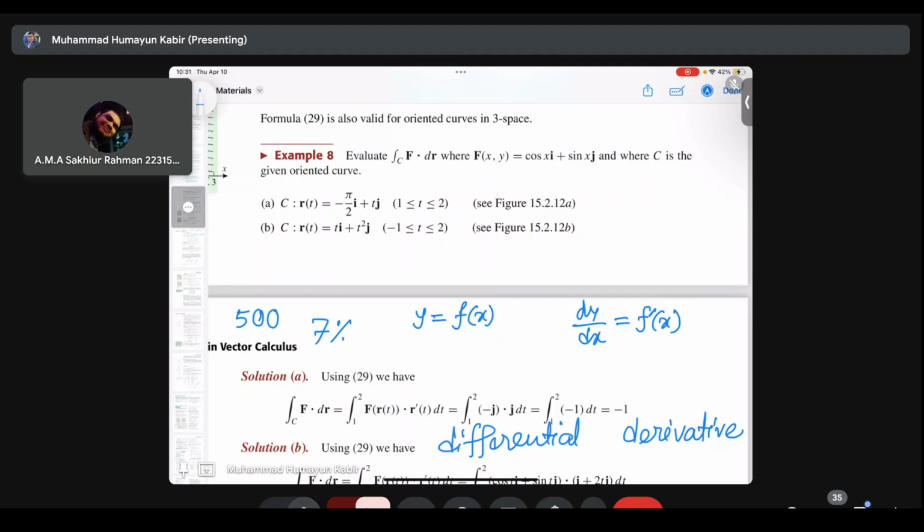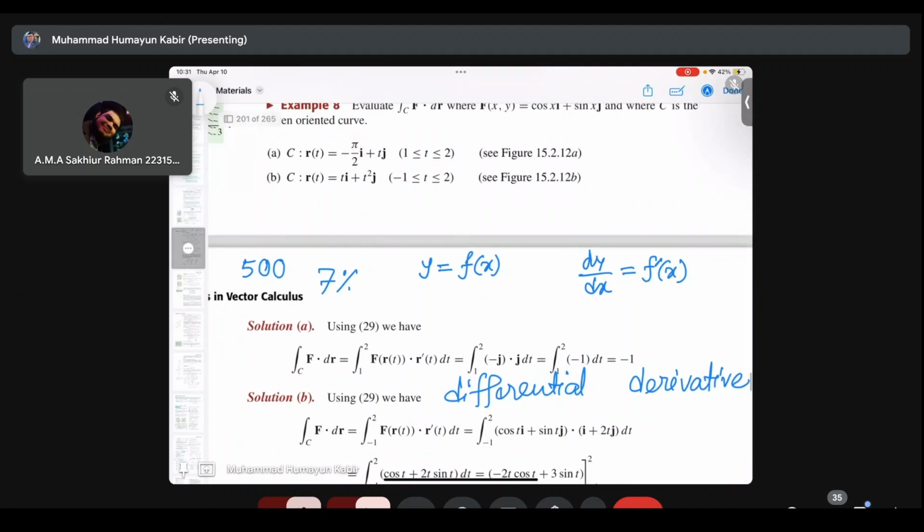You have deposited 500 taka, the interest rate is 7%. After 1 year, how much money are you expecting? Come on. 535. Why 535? Why not 545, or why not 575? Because we have a fixed interest rate.